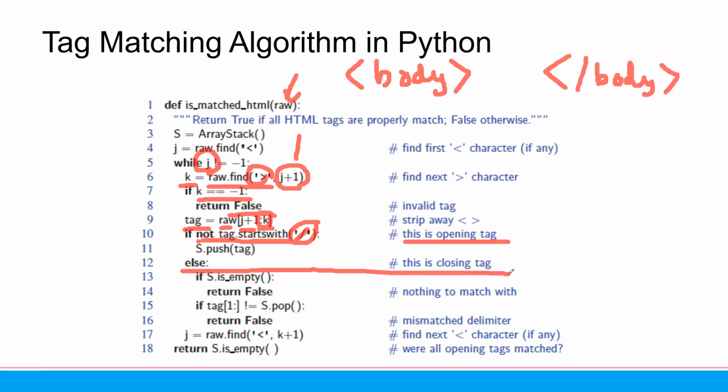And then you will check whether S is empty or not. If it is empty, then false. It means it does not match. And then I would like to check the tag from 1 until the remaining, whether it is the same as the pop or not.